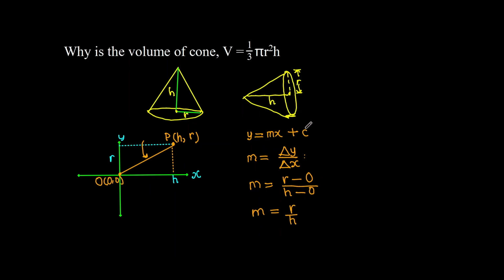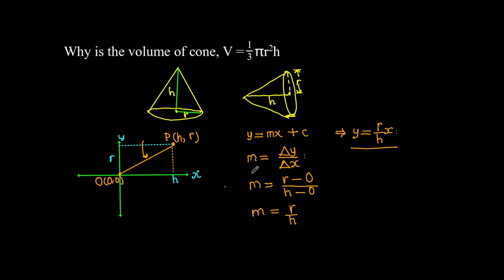Now, since c is the y-intercept, and you can see by visualizing that y at this point is 0, you can simply ignore this c. Therefore, the equation becomes y equals r over h, attach our x, and we know c equals 0, so we leave it there.